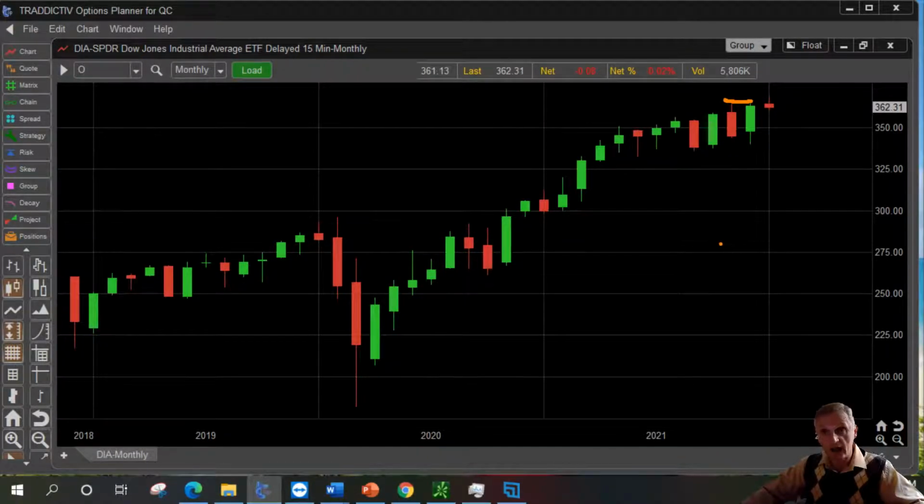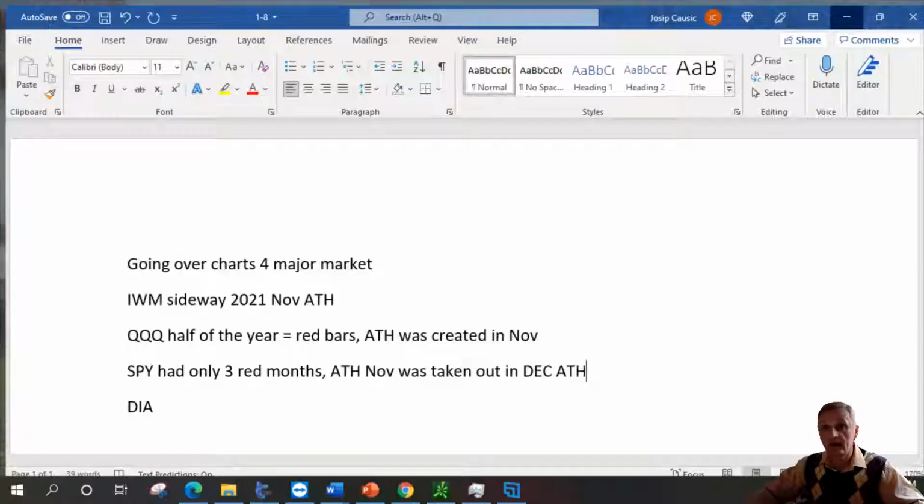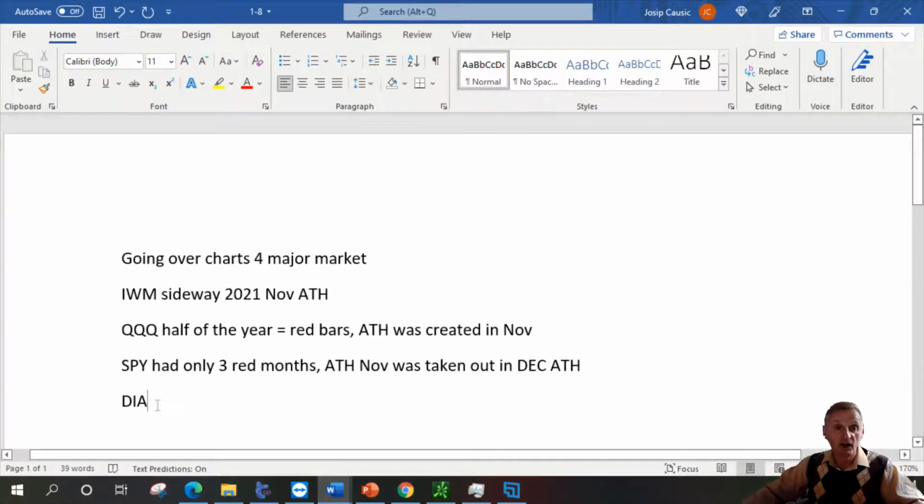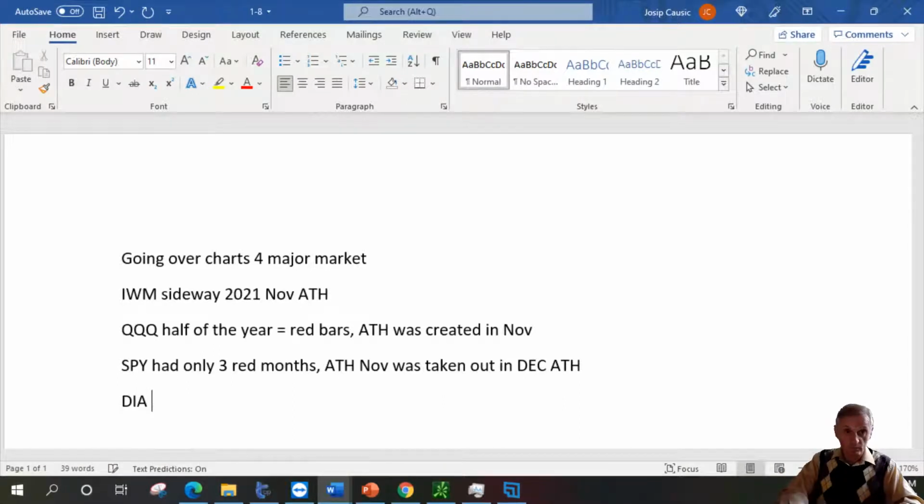So I'm going to add these pieces of information to our analysis: unlike the SPY, Diamond had 4 red bars. The all-time high of November was challenged but not taken out.